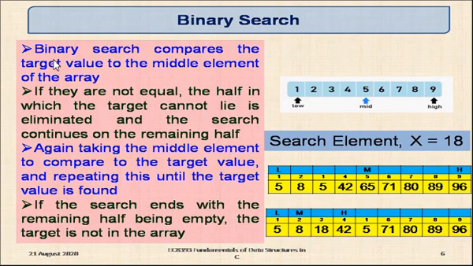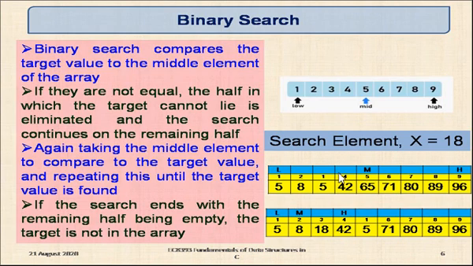You see here, once again, binary search compares the target value to the middle element of the array, right? If they are not equal, the half in which the target cannot lie is eliminated, and the search continues on the remaining half. Again, taking the middle element to compare with the target value, keeping the new effective set as we discussed already, and repeating the same procedure until the target value is found.